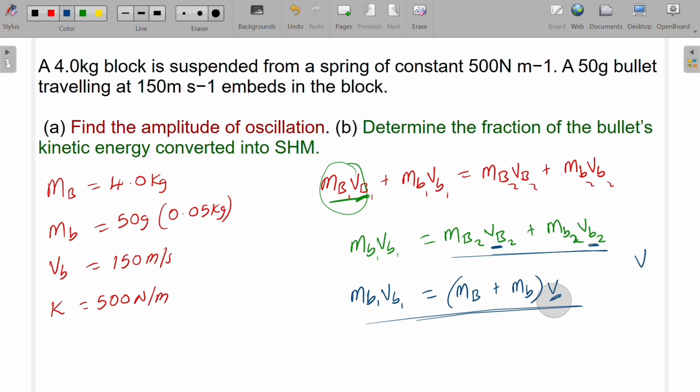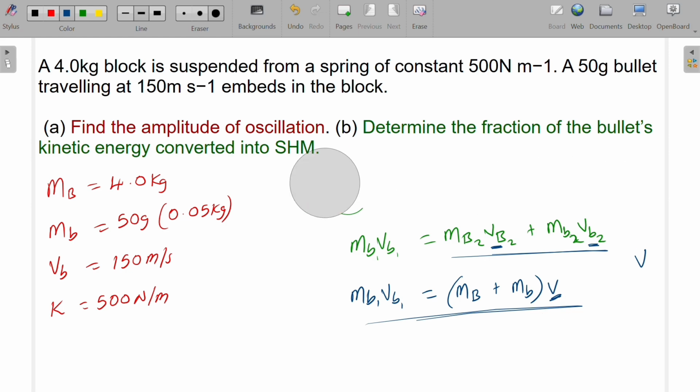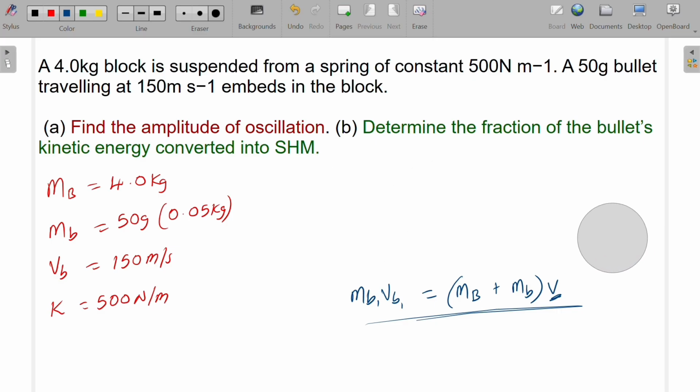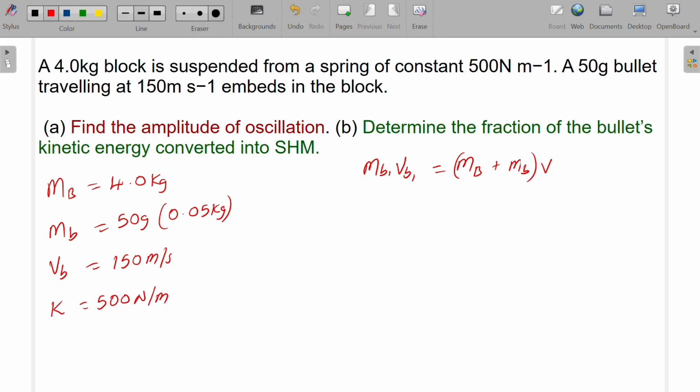Let me get rid of the top part so that we can use it. Let me put my formula on top there. So our formula now will be MB1 VB1 is equal to MB added to MB, that will be multiplied by V. Making V the subject of the formula there, what you'll get is, this is MB there.